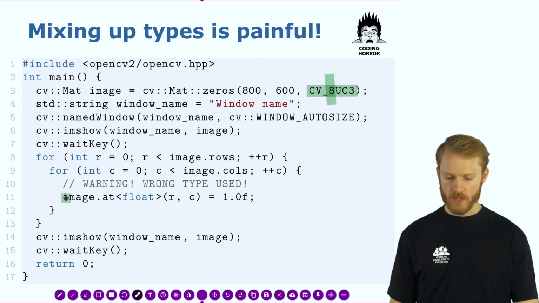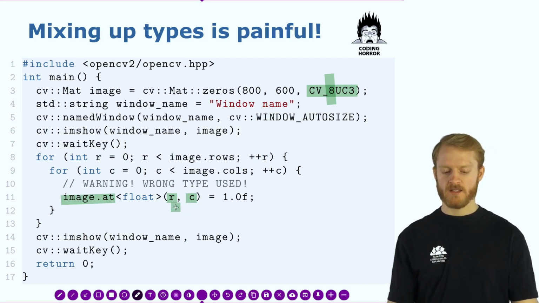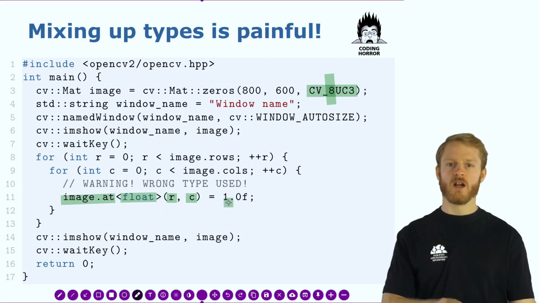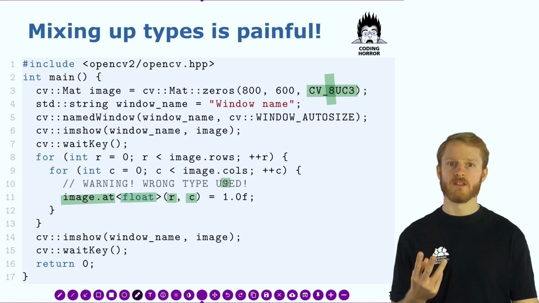Whenever we want to access, this image.at function will allow us to access the row and column that we want. If you try this, you will see the behavior. Let's say that we want the element 0, 0, and when we say float, we are assigning a float, and actually this 0, 0 element is not a float. The float is 2 bytes, and here we are saying that we are using unsigned chars.